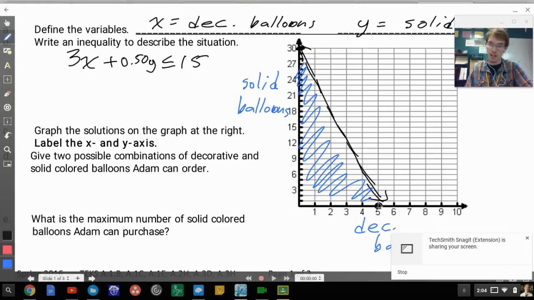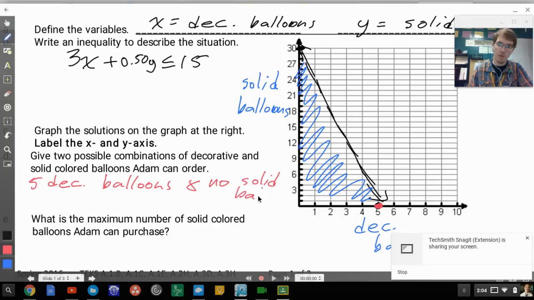So it could be that I get 5 decorative balloons and no solid colors. I could very well do that.